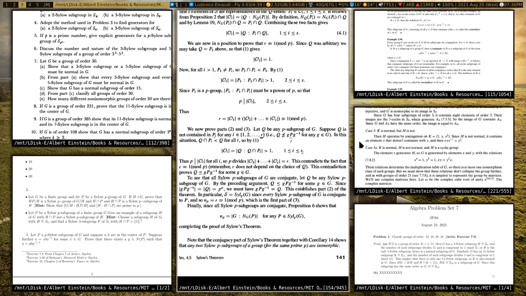Both of them are in the centralizer, so they commute with A. So if Z is in the normalizer of P, then we're done. If Z is in the normalizer of P, we're done.